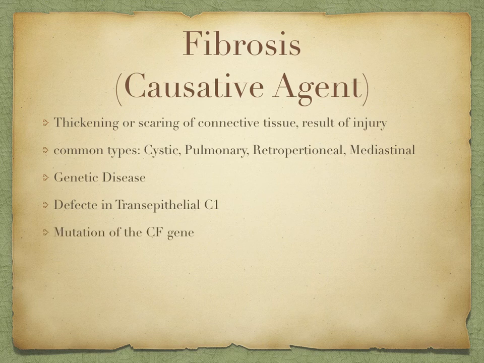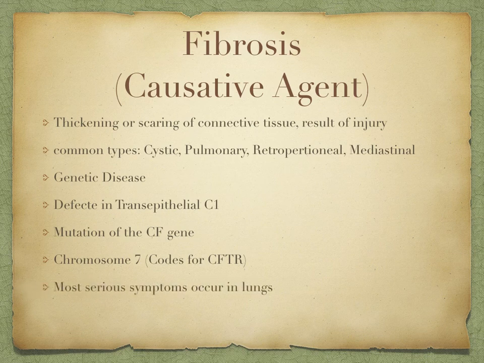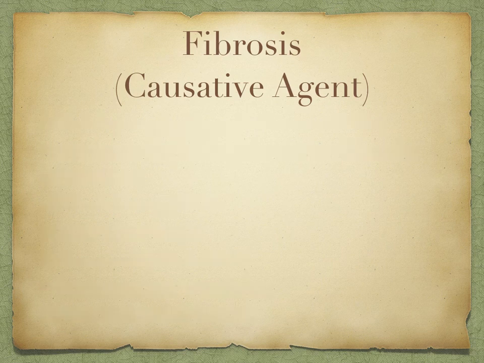It is a mutation of the cystic fibrosis gene, which is located on chromosome 7, and chromosome 7 is responsible for coding the CFTR. The most serious symptoms often occur in the lungs. There is an increased risk of bacterial infections, and we'll go over that a little bit more, but that bacterial infection comes from this buildup of mucus.